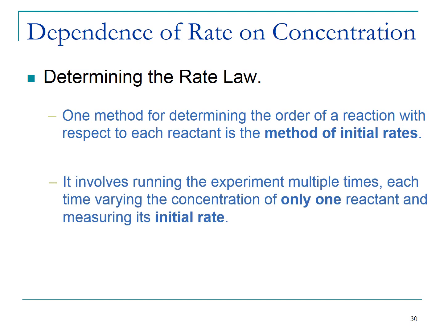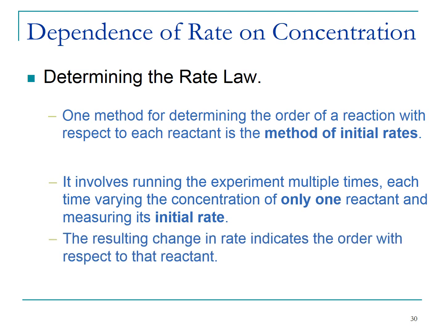What we're going to do actually involves running the experiment multiple times. You're going to take one of the reactants and vary the concentration and measure the initial rate of the reaction, and then vary the concentration of another reactant, keeping the first one steady. So you're only changing the concentration of one reactant at a time, measuring the rates, and then comparing what's happening for each different concentration.